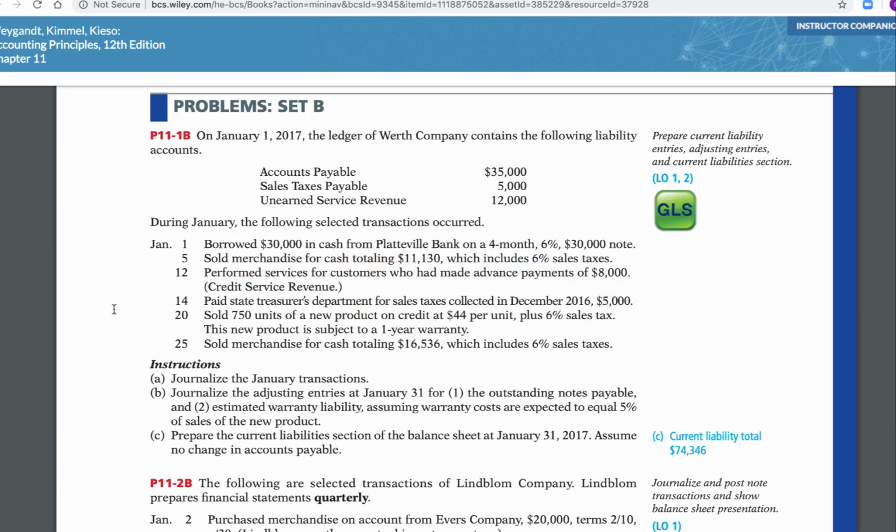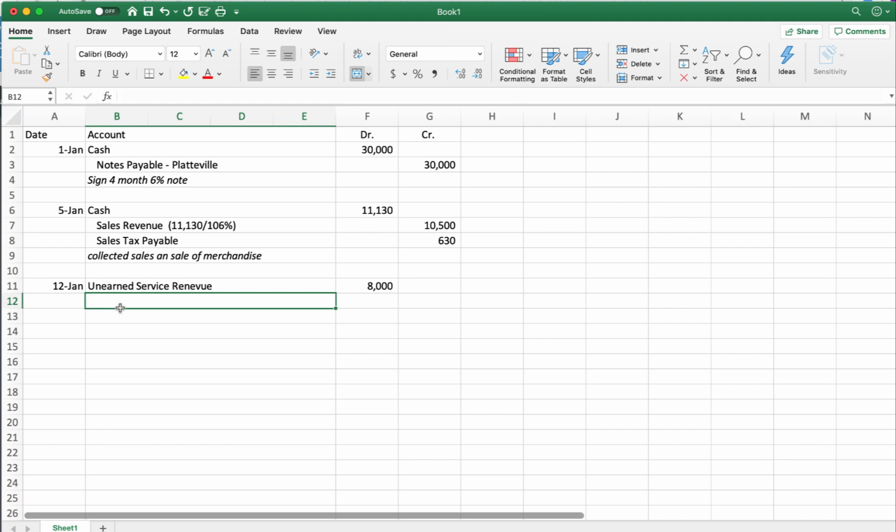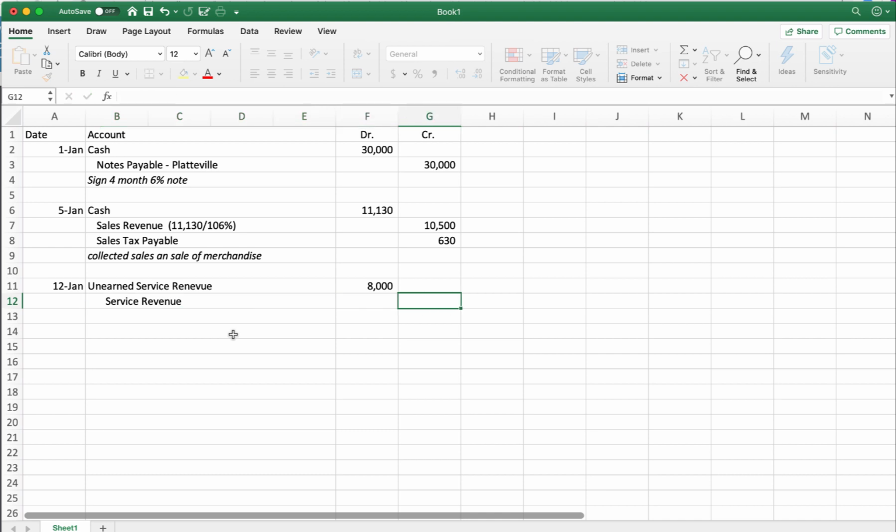The hint, if you will, in the problem says credit service revenue. So that's what we're going to do, right? Make sure I indent. Type in, usually helps if you could spell, service revenue for $8,000.